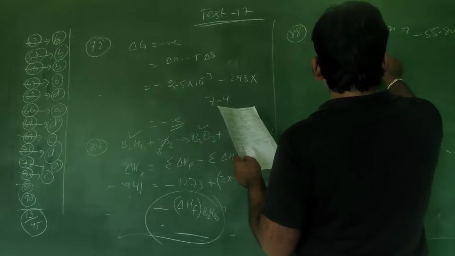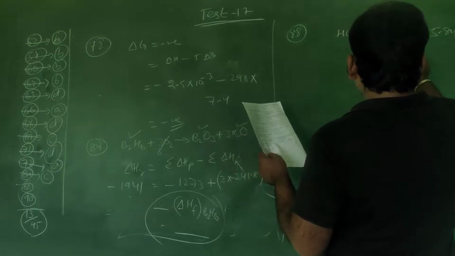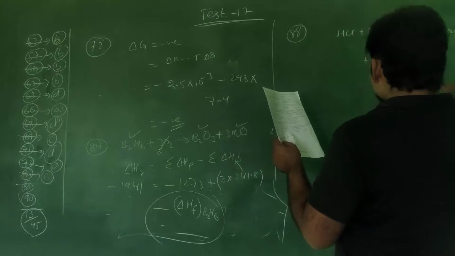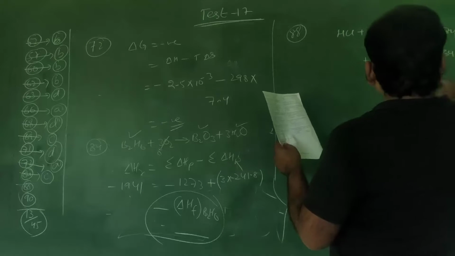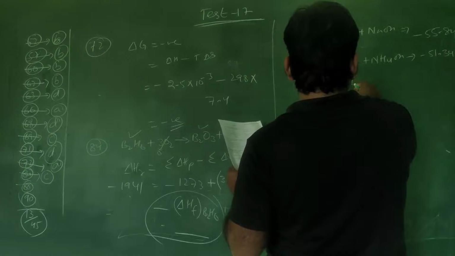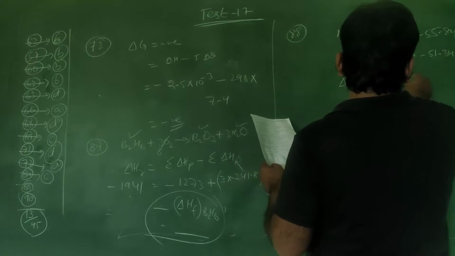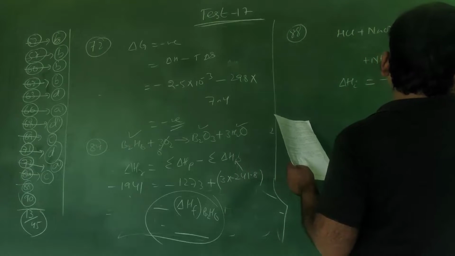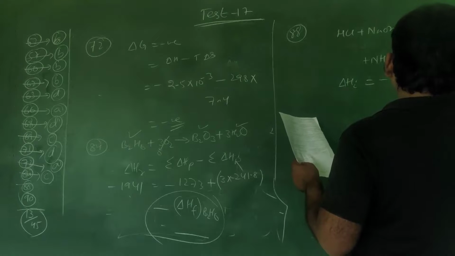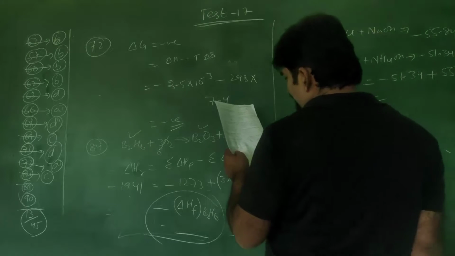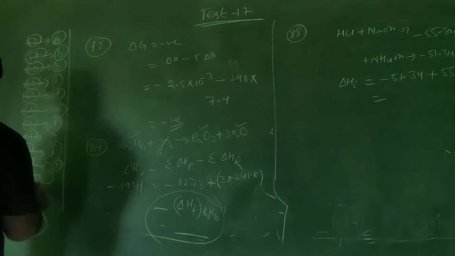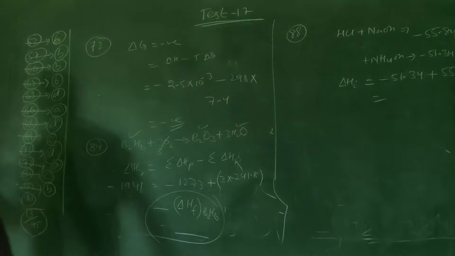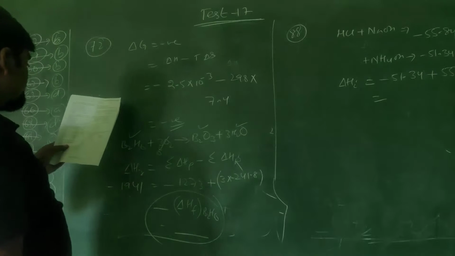And by the weak base NH4OH, it is minus 51.34 kilojoule per mole. So the enthalpy of ionization will be minus 51.34 plus 55.84. The resulting value will be the answer. The answer is B, and B is the correct answer.